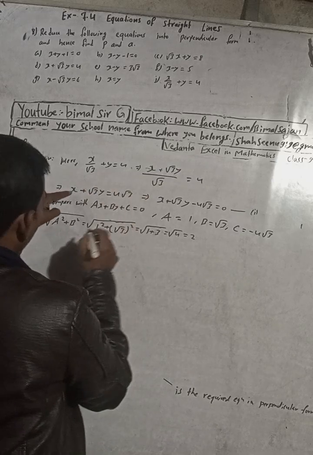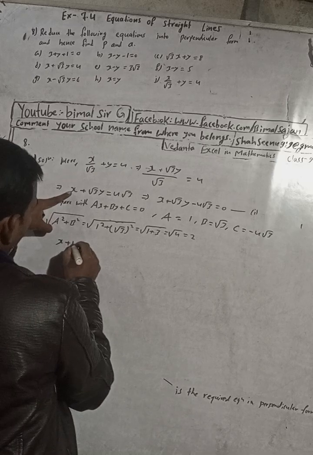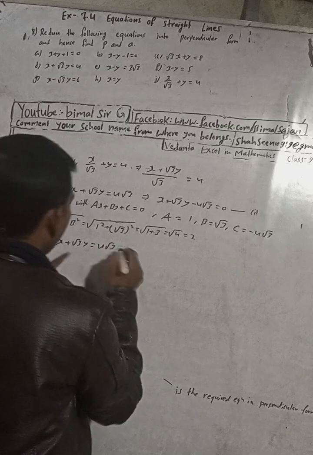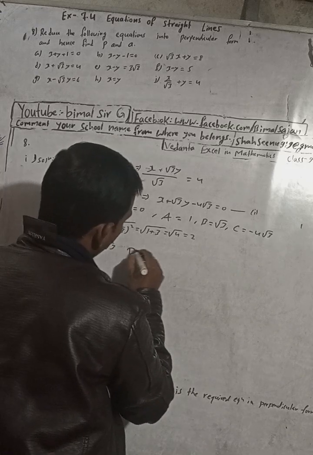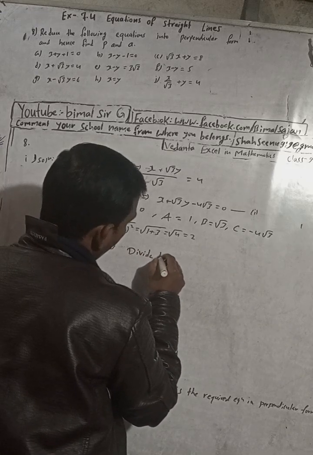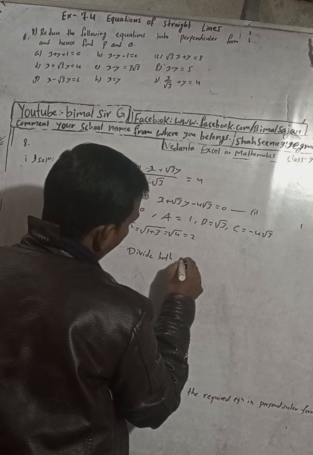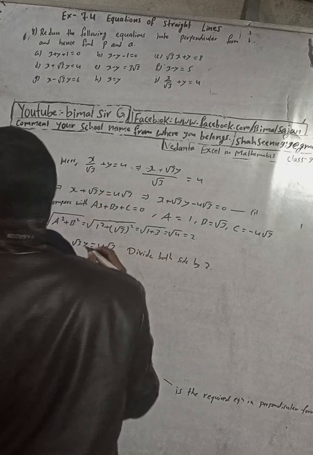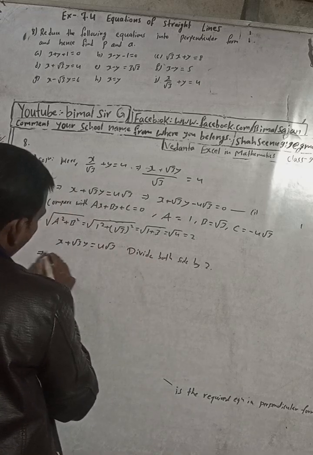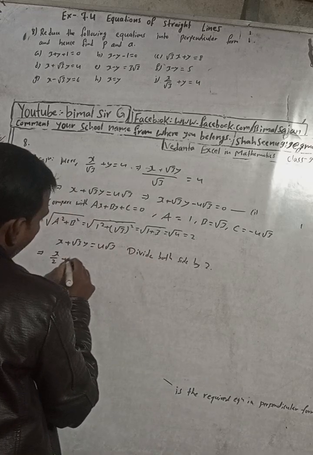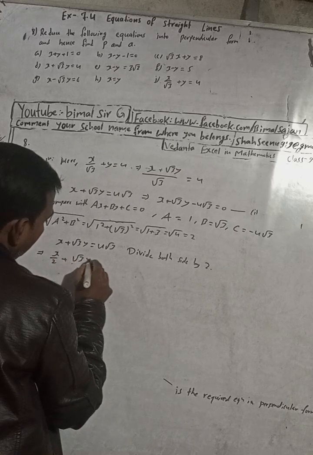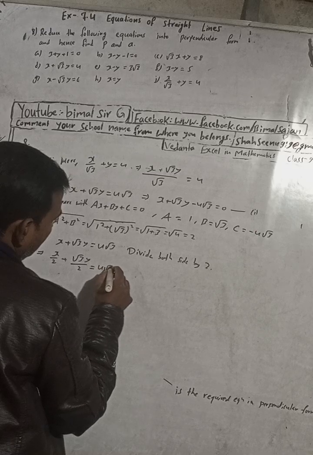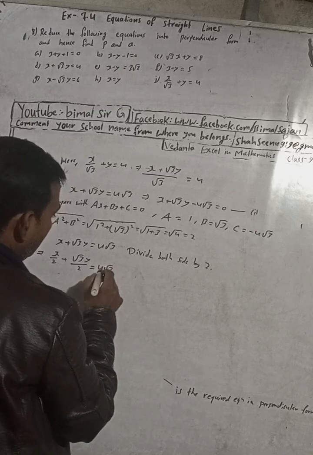Now write this equation again, the standard equation: x plus root 3y is equal to 4 root 3. Now divide both sides by 2. So when we divide both sides by 2, what we get here? x by 2 plus root 3y by 2 is equal to 4 root 3 divided by 2.